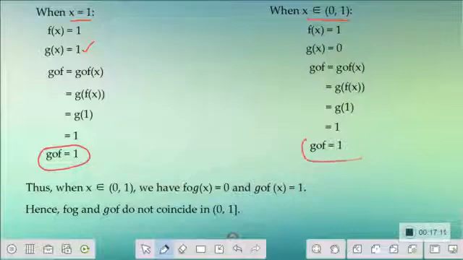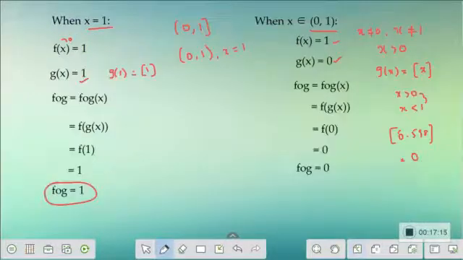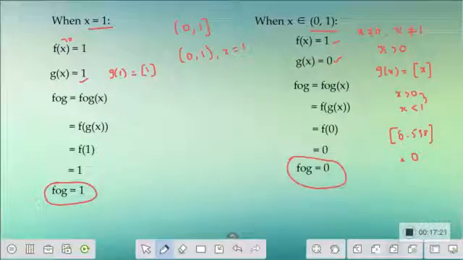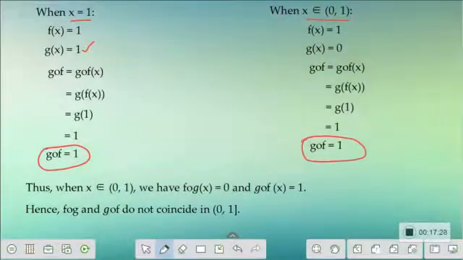Now let's go back and check what is g composite f when x belongs to 0, 1. I'm sorry, f composite g. So f composite g when x belongs to 0, 1 is 0, whereas g composite f when x belongs to 0, 1 is 1. So this tells you that f composite g and g composite f do not coincide in the half open interval 0, 1.